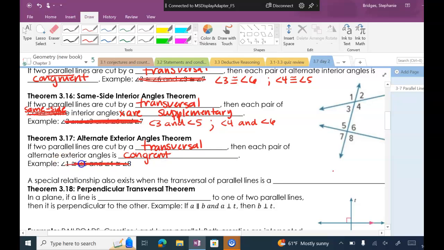And again, those examples are not matching my picture, so scratch those out. Give me a pair of alternate exterior angles in that picture. 2 and 7. So angle 2 would be congruent to angle 7, and also angle 1 would be congruent to angle 8 if my lines were parallel.